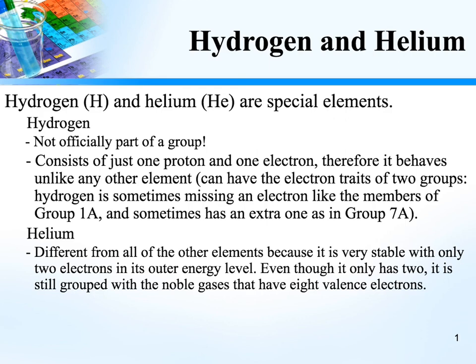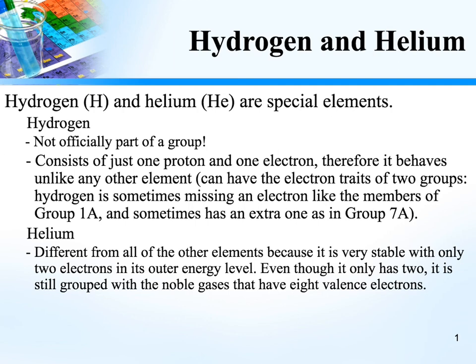Therefore, it behaves unlike any other element because it could have the electron traits of 2 groups. Hydrogen is sometimes missing an electron, like the members of group 1A, for instance, and sometimes has an extra one, as in group 7A. So depending upon what it's going to bond with, it's going to lose that electron that it has, or it's going to gain a second one to mimic helium.